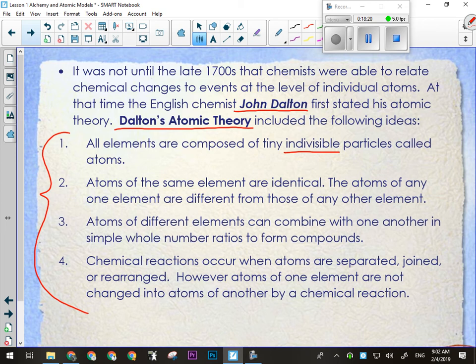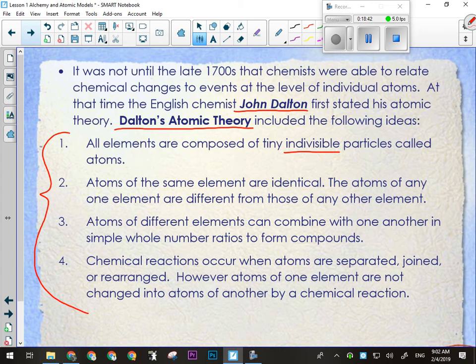He has no idea what an atom looks like when he's developing this theory. This is all based on watching chemistry take place, looking at the behavior of matter during chemical reactions, during physical and chemical changes and things like that. He's inferring essentially all of this without any real particle evidence for it.